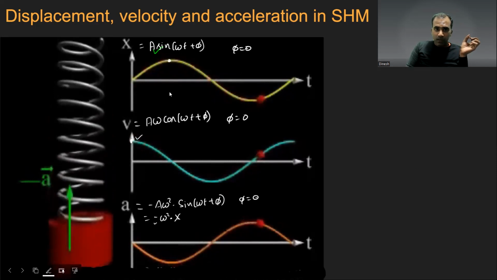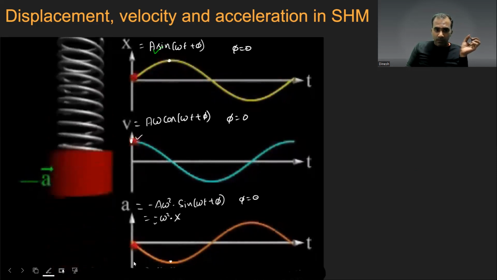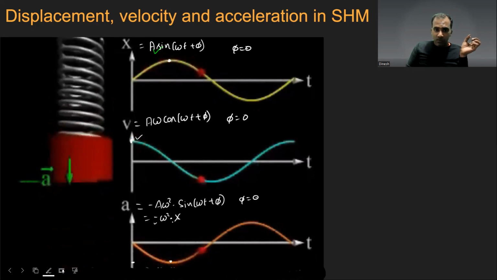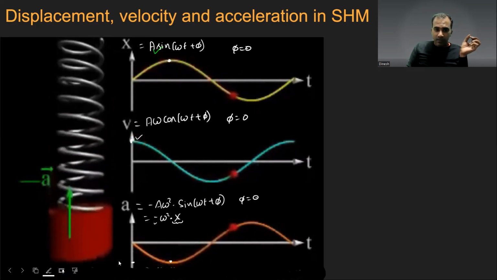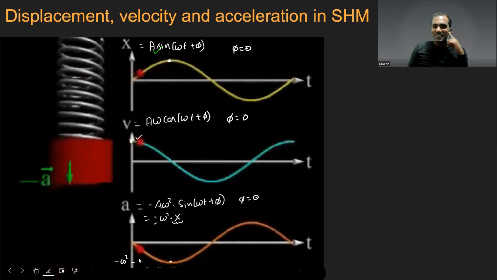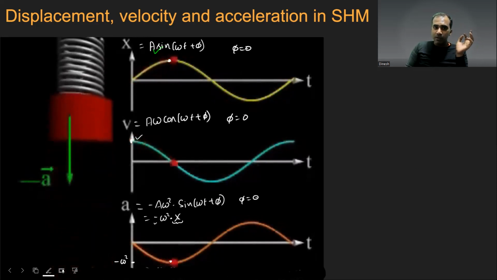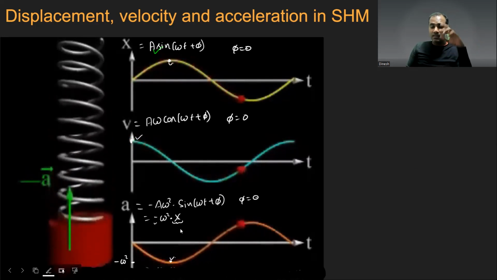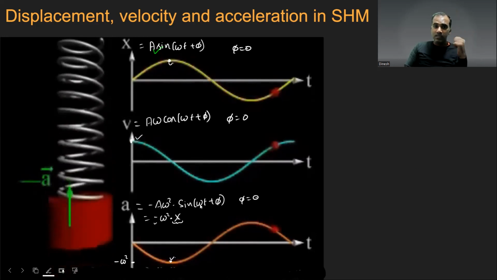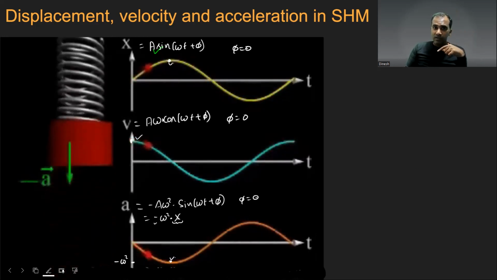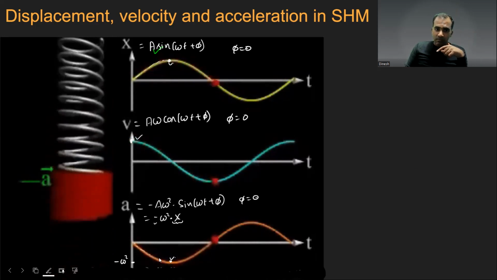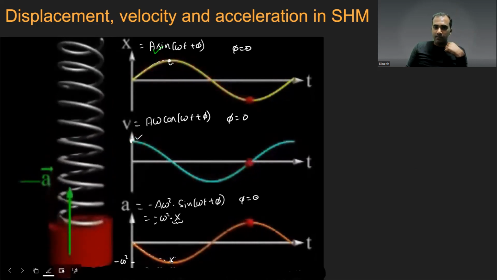Whenever x is plus 1, this is minus omega square into plus 1. Whenever displacement is at a positive peak, acceleration is at a negative peak, since it has the opposite sign. See, this is increasing, acceleration is also increasing, but with opposite sign.